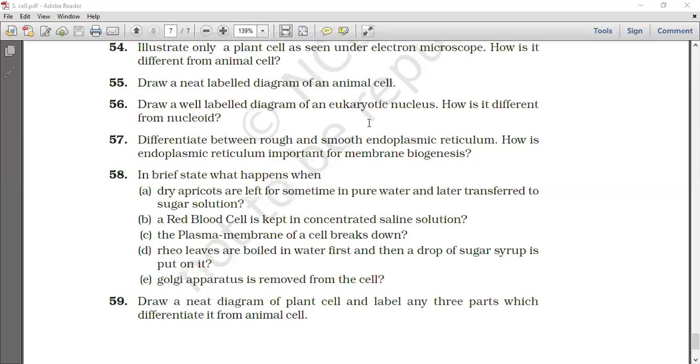So acids and bases show their behavior only when they have free H plus or free OH minus ions, and these ions get separated or become free only when the acids or bases are dissolved in water. Therefore, acids and bases show their respective behavior only in the presence of water.